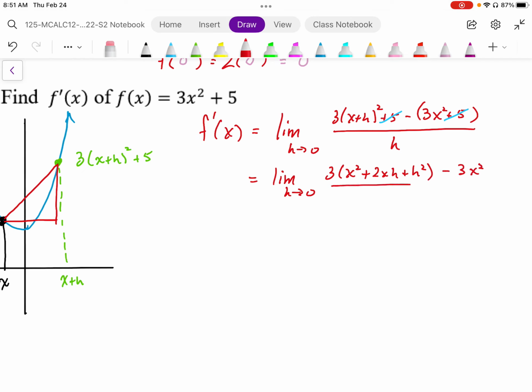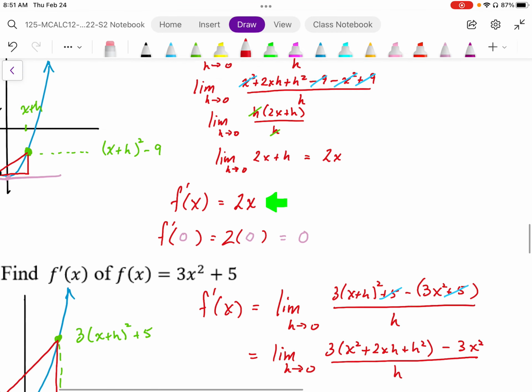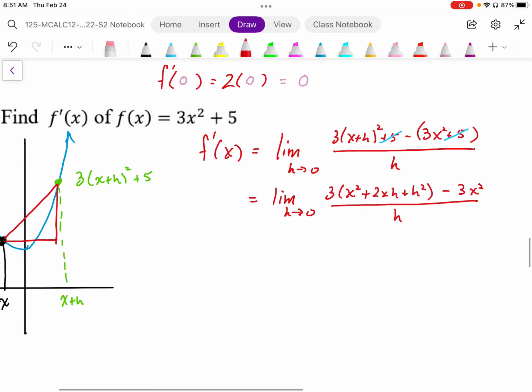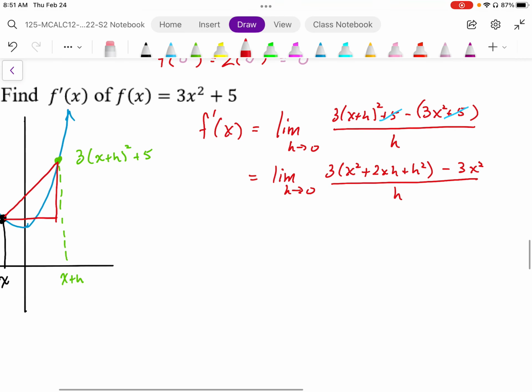I can see that that 3 is going to multiply the x squared and we're going to cancel out. It seems very similar to the original one that we had here, but we have an extra multiplier of 3 out front. So we get the limit as h approaches 0 of 3x squared plus 6xh plus 3h squared minus 3x squared.